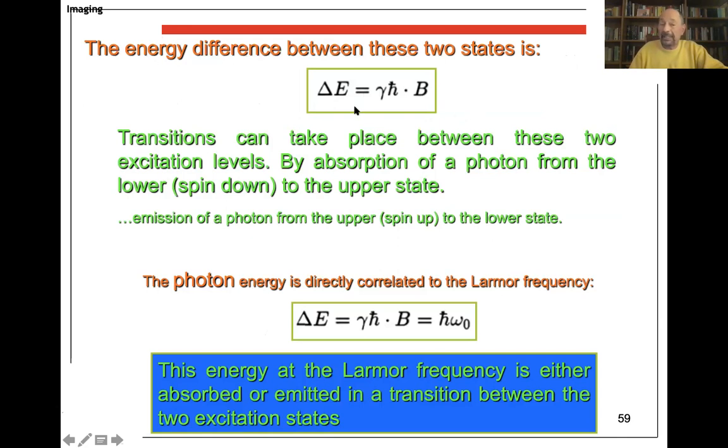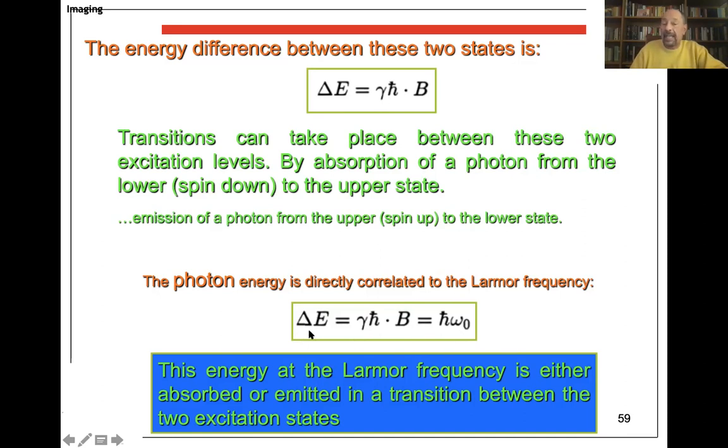And you can have transition between these two excitation levels by absorption of a photon in the right range. The photon energy, if you look at the formula, is directly correlated to the Larmor frequency, because gamma B is the Larmor frequency.